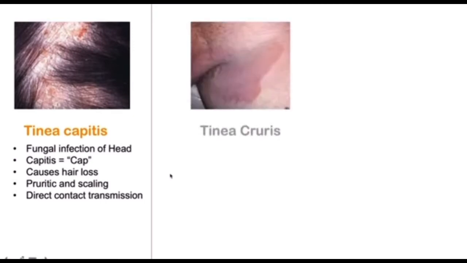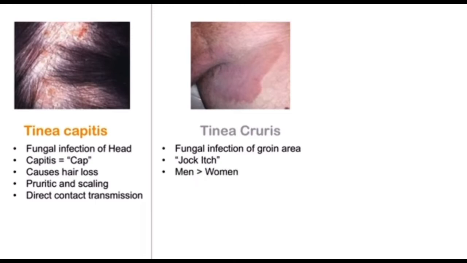The next presentation we're going to talk about is tinea cruris. Tinea cruris is a fungal infection of the groin area, and this is commonly known as jock itch. This affects men more than women. Generally in this presentation, it begins on the medial thigh, the inner sides of the thighs, and it spreads centrifugally, from its center outwards.